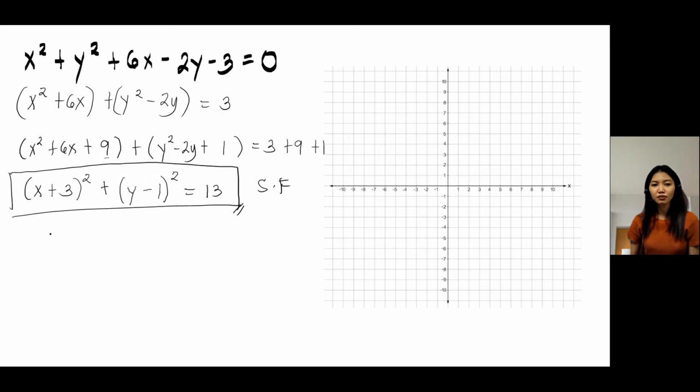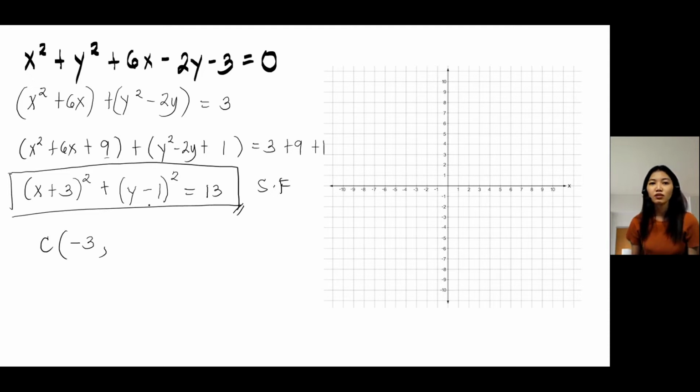So to get the center, it is already in the form of x minus h squared plus the quantity y minus k squared is equal to r squared. So to get the center, kunin lang kung ano yung kasama ni x, take the opposite sign. Okay, so what we have here is positive 3, that is negative 3 pagdating kay x coordinates.